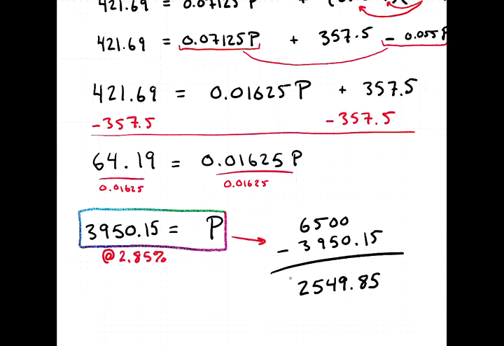All right, and that is the amount invested. So let's put a box around that, and that is the amount invested at 2.2%. Definitely not a straightforward problem because it involves some algebra, and definitely involves some problem-solving skills.